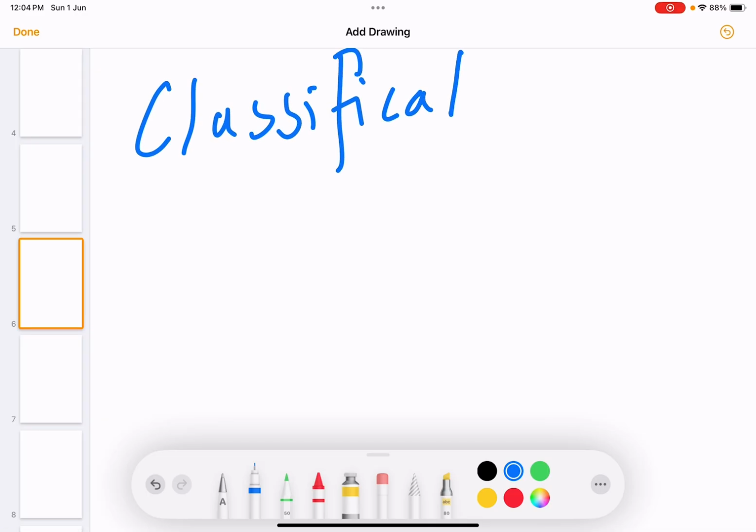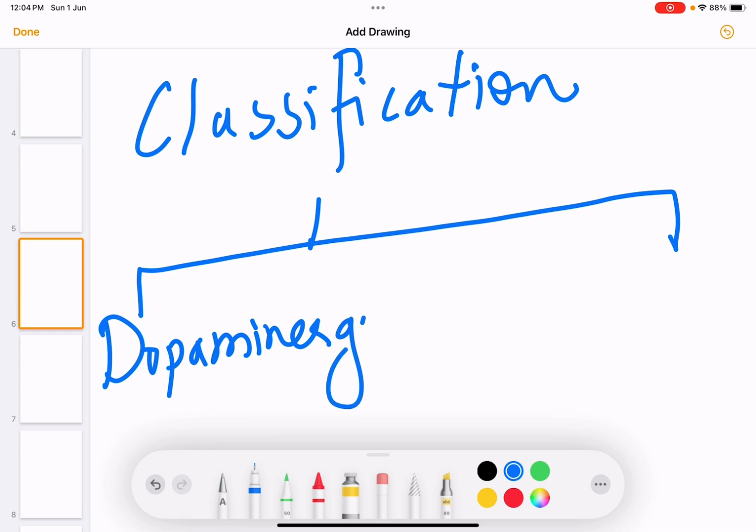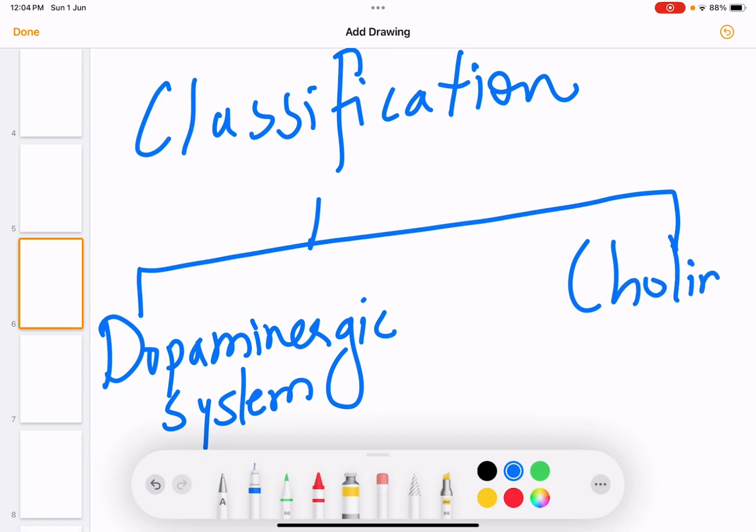So we will discuss the classification. Drugs can be divided into two categories: drugs acting on dopaminergic system and drugs acting on cholinergic system.